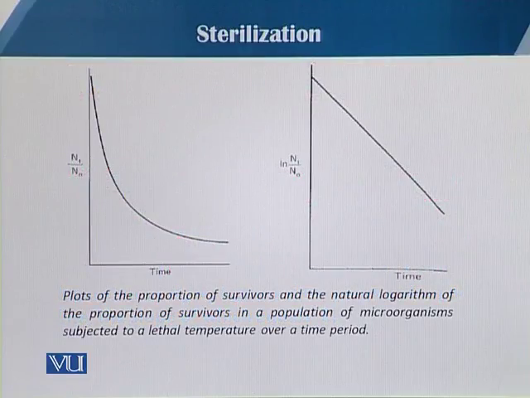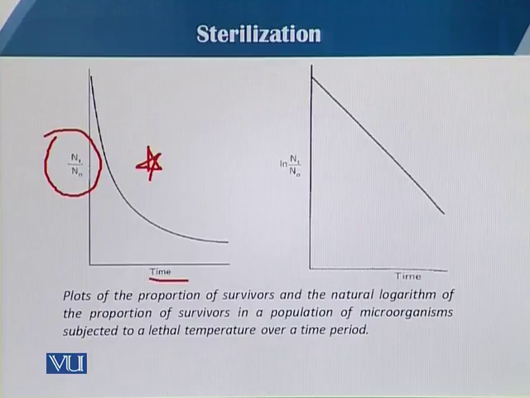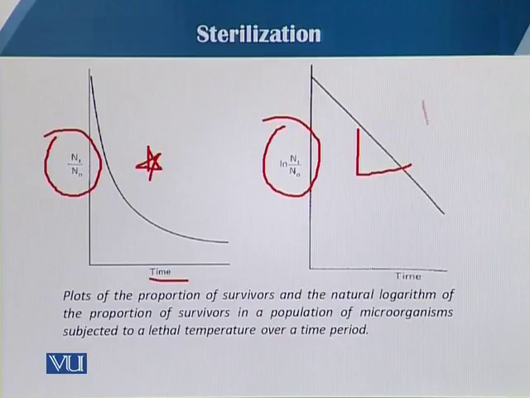If we plot Nt over N naught against time, we get this kind of curve. But if we take the integration and then plot the log of Nt over N naught against time, then there is a straight line. The slope of this is equal to minus k.